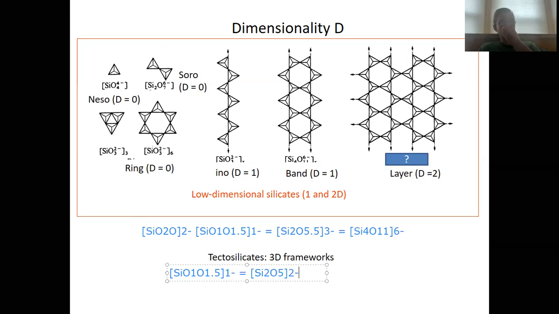So when you see a silicate where silicon to oxygen has a stoichiometric ratio of 2 to 5, you may actually suspect that this is a two-dimensional silicate.